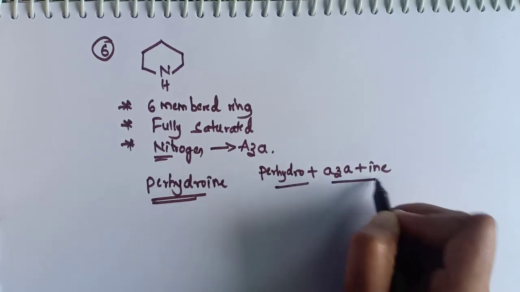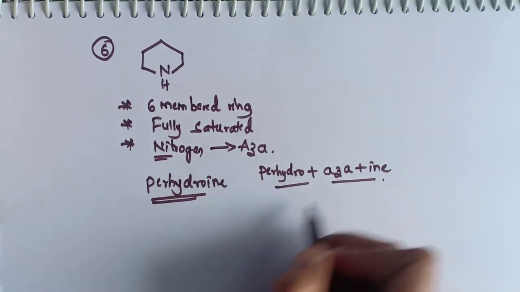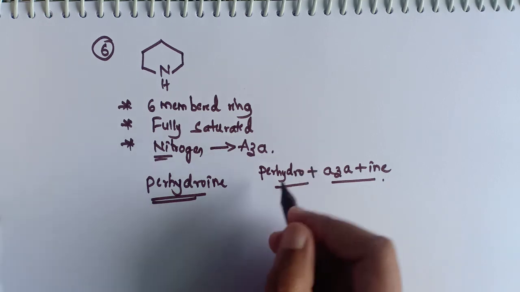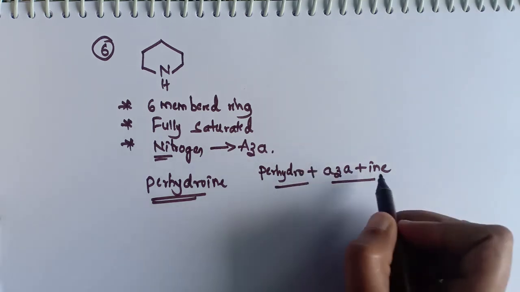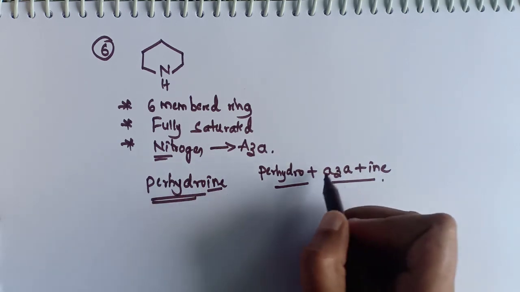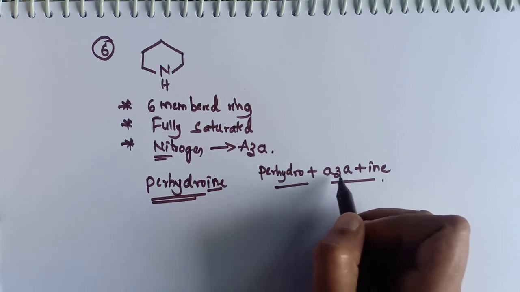Perhydro is common for the saturated 6-membered ring. If nitrogen is present, we write perhydro. Next, ine. Between perhydro and ine we should write aza.